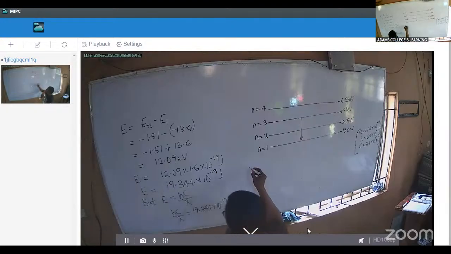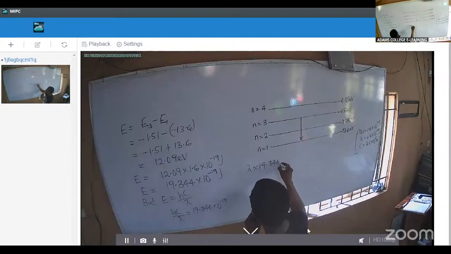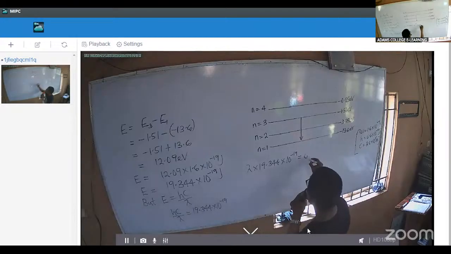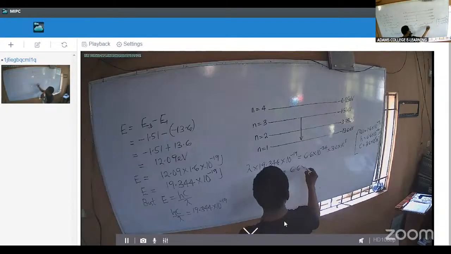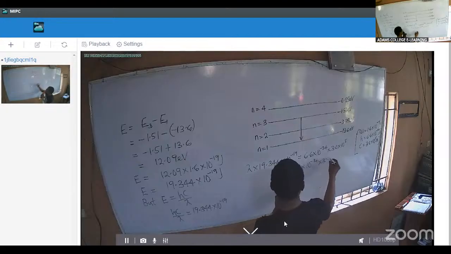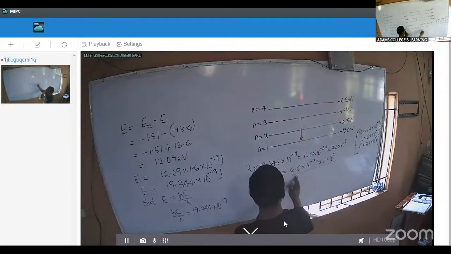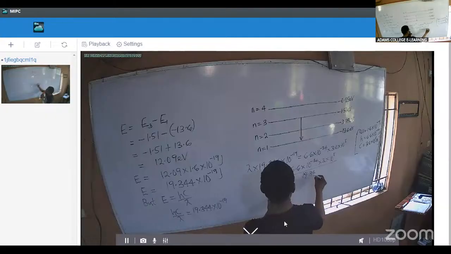Lambda times 19.344 times 10 to the power minus 19 equals hc. What's your Planck's constant? 6.6 times 10 to the power minus 34. What's your c? 3.0 times 10 to the power 8. So our lambda will now be 6.6 times 10 to the power minus 34 times 3 times 10 to the power 8, all over 19.344 times 10 to the power minus 19.